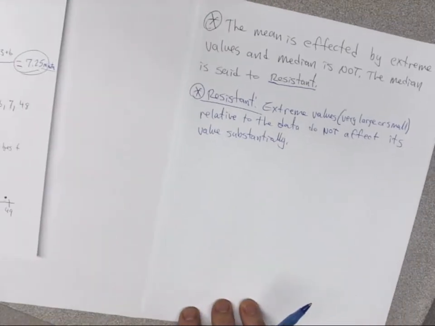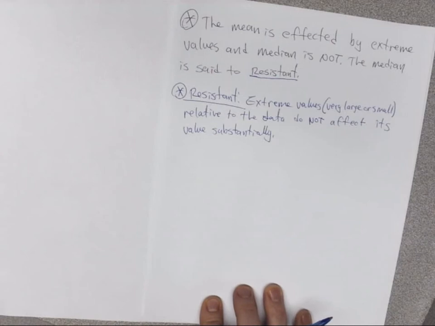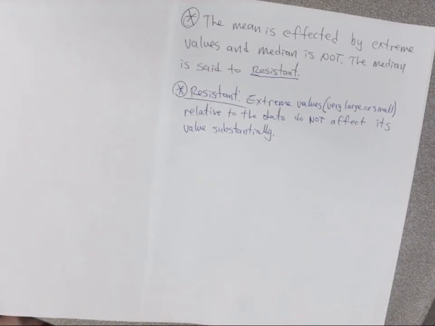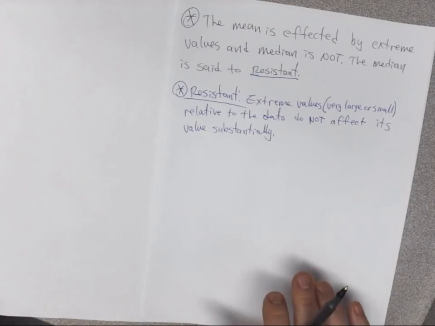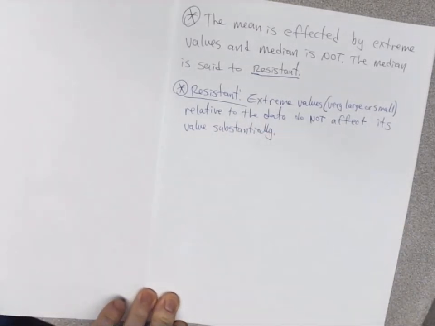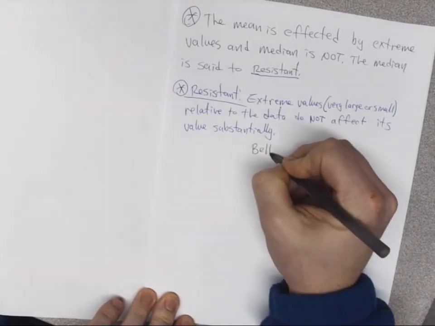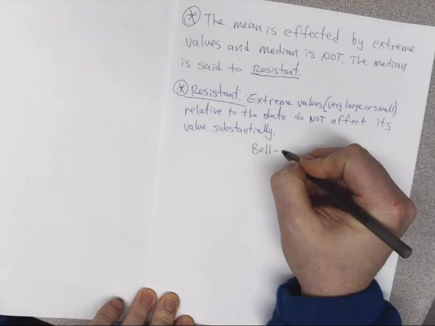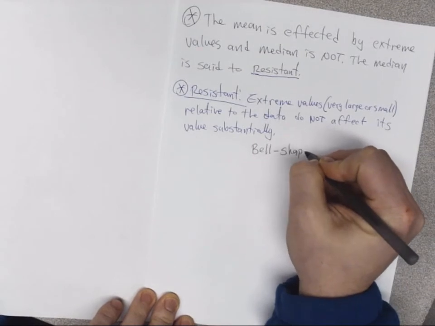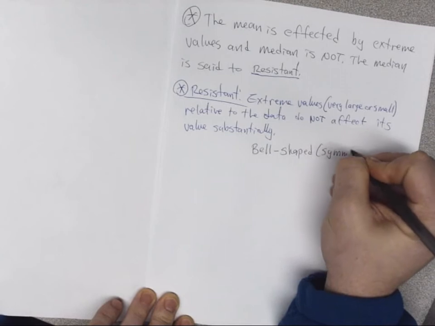All right, so this leads to some important graphical representations of what we're talking about. And so the first one is, let's say it's bell-shaped, which we've talked about in a previous video, and it will look very similar to what we've seen. Bell-shaped, it's also symmetric.